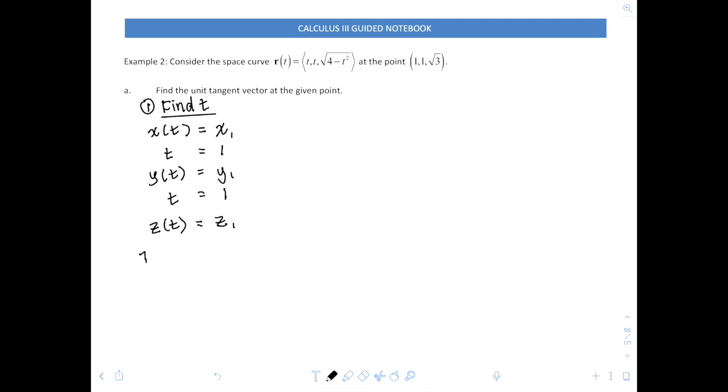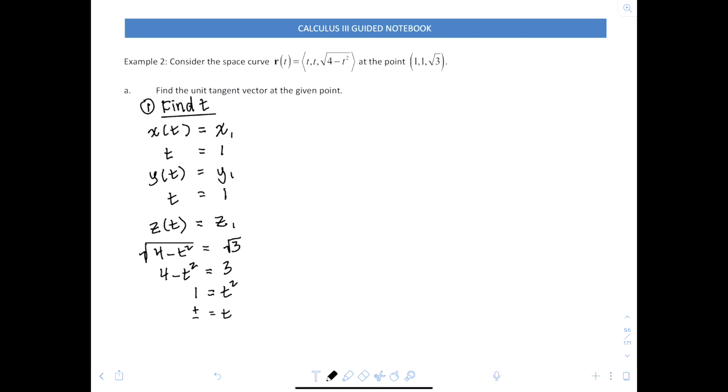And what was z at t? It was the square root of 4 minus t squared, and that's got to equal root 3. Cool so far? Awesome. So if I square both sides, I will get 4 minus t squared is 3, and then I would get 1 is equal to t squared, and then plus or minus 1 is equal to t.